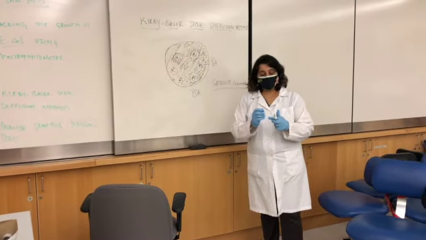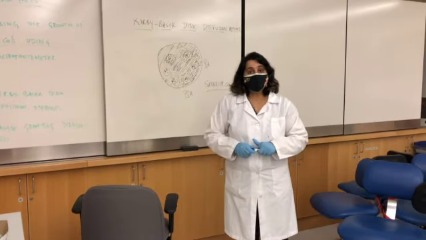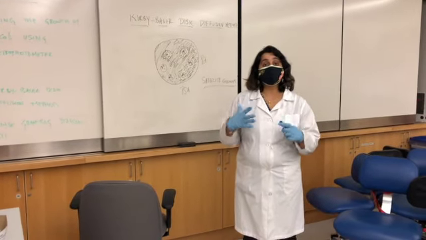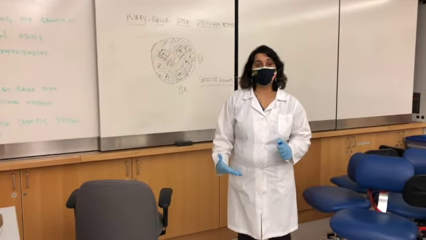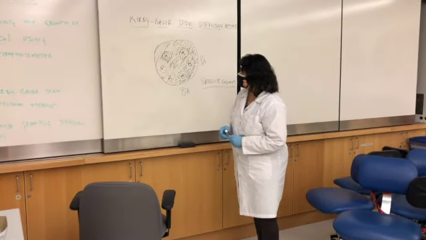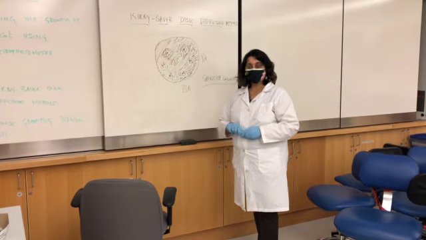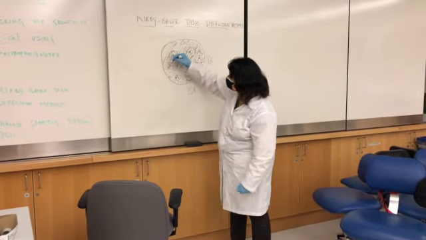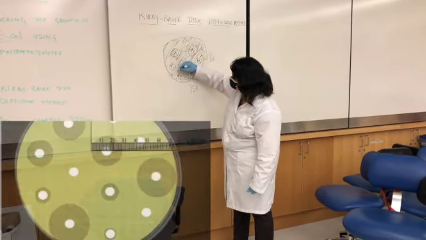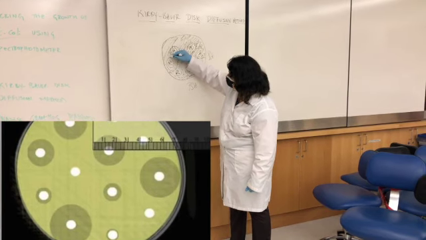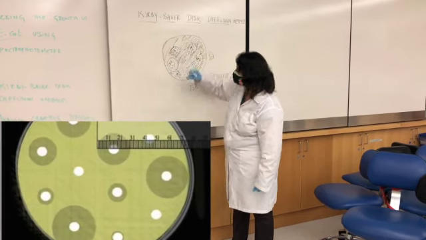I'm also going to upload a document that would help you read the results of the Kirby-Bauer disc diffusion method. So what you need to do is measure the diameter. Say for example, this is the zone of clearance, the circular area around antibiotic 1.